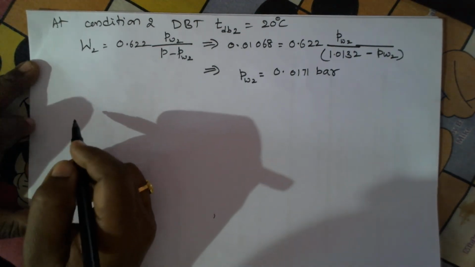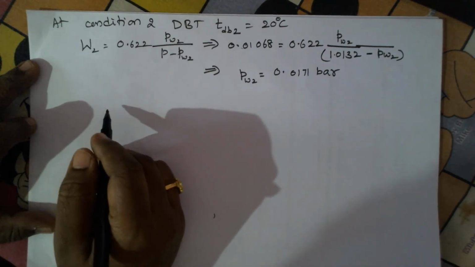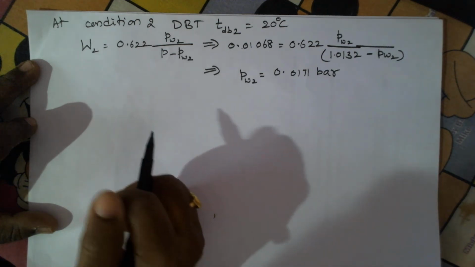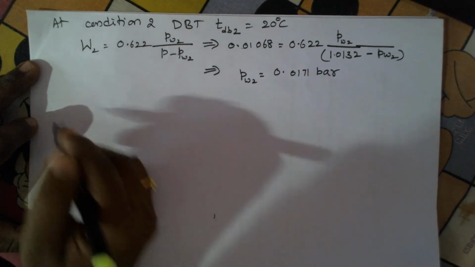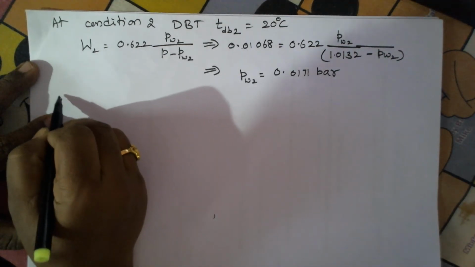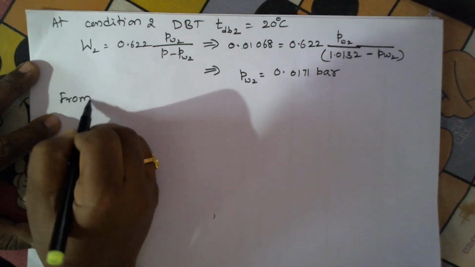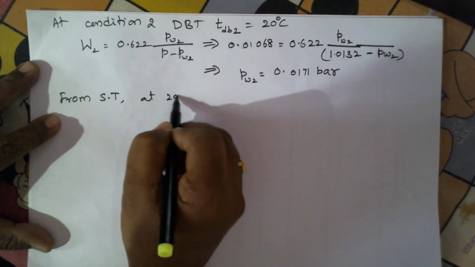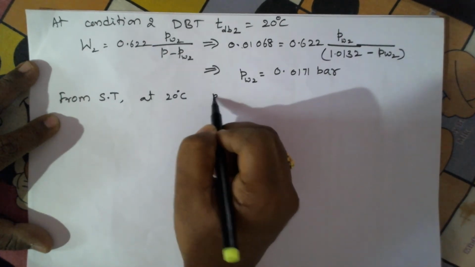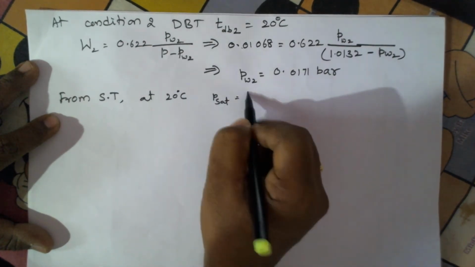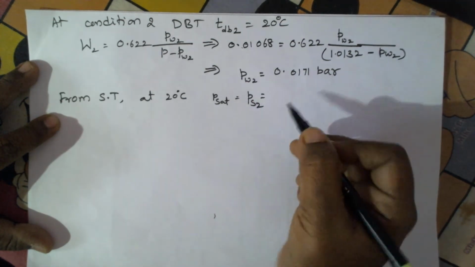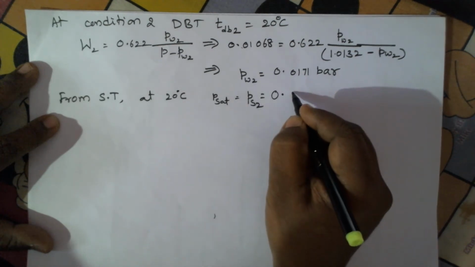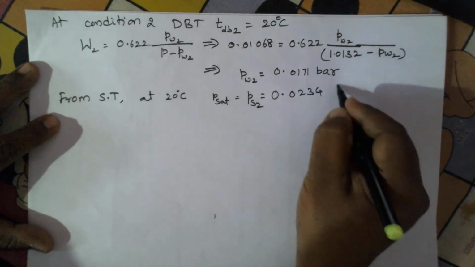Now from this we can calculate the relative humidity. For that we need to know PS2 also. So from steam tables at 20 degrees centigrade, P saturation, or PS2 in this problem, is obtained as 0.0234 bar.